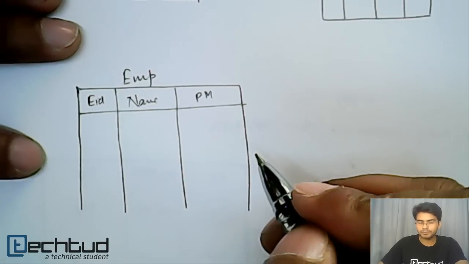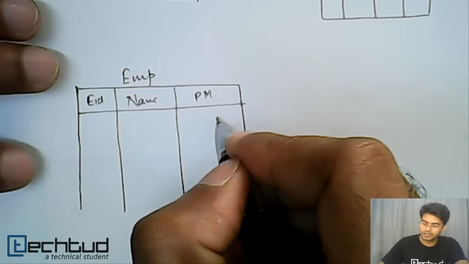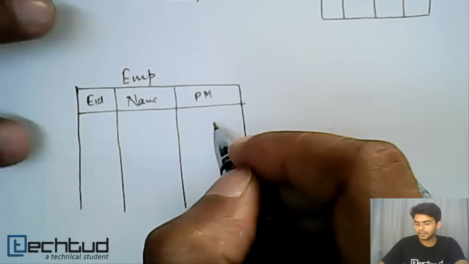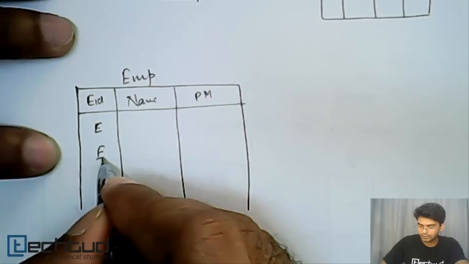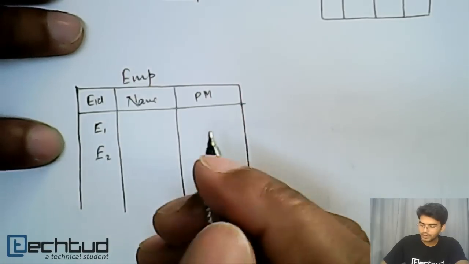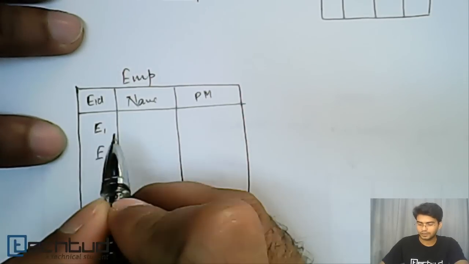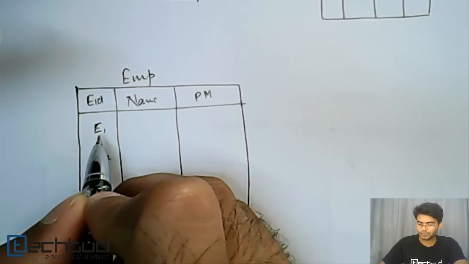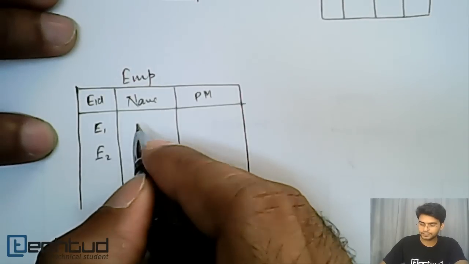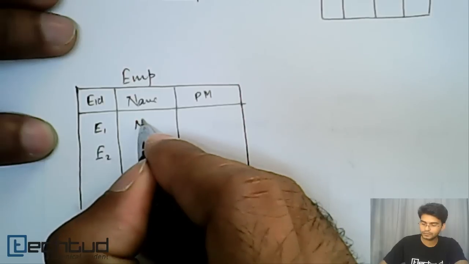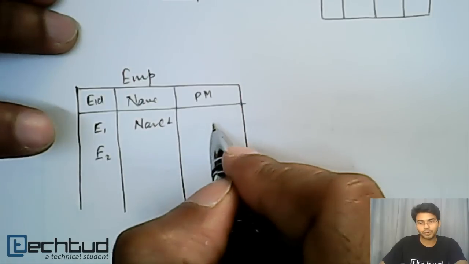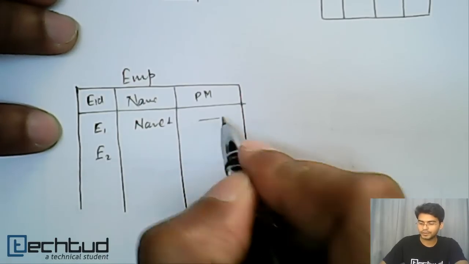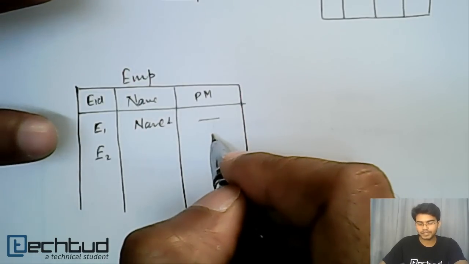So this project manager is again an employee itself, right? So now let's say E1, E2. So E1 is a project manager, even himself is a project manager, name, let's say name 1 something, and he's project manager. Okay, so this field will be empty here.